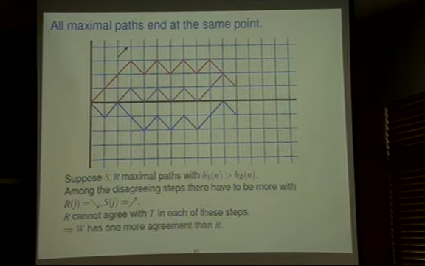When you do that, this new purple path, which otherwise follows the blue path, has one more agreement with T than the blue path did, meaning that the blue path couldn't have been a maximal path. So this is how you close the gap. This is how you also know that if you follow along any of the maximal paths, any path that agrees with T the maximum number of times, you're always going to end up at the same final destination.